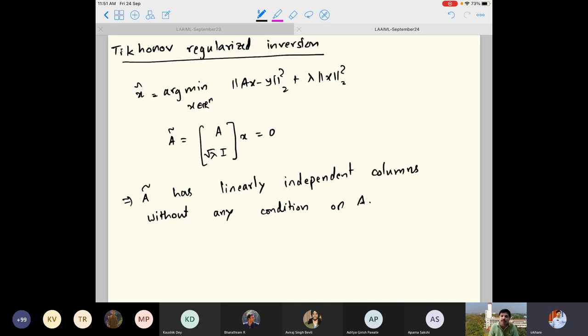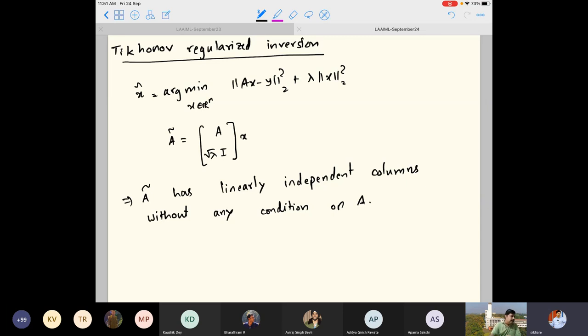Otherwise, this equation will never be satisfied. That's the only solution that you will have. Any other non-zero vector that you put here, you will never get a 0 because of the identity matrix sitting here. That means that there is only one vector in the null space of this matrix A tilde, which is the 0 vector, which means that this matrix has zero nullity, which means that it has linearly independent columns, right?